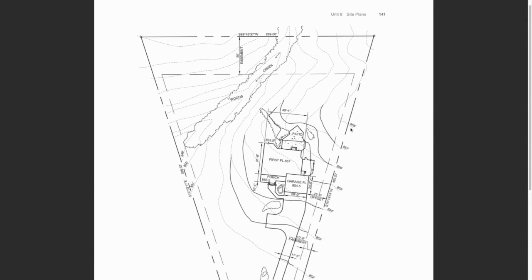You see some contour lines here in 1 foot increments, right? 856, 857, 858. 849, 850. So, and on the plan here it shows Woods Creek, so we can kind of visualize there's a creek running about this way, right?